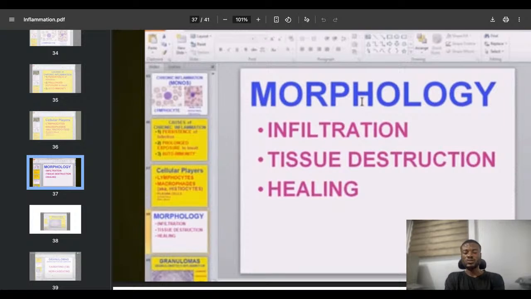So infiltration, what is infiltration? There is prolonged exposure to the particular injurious agent.